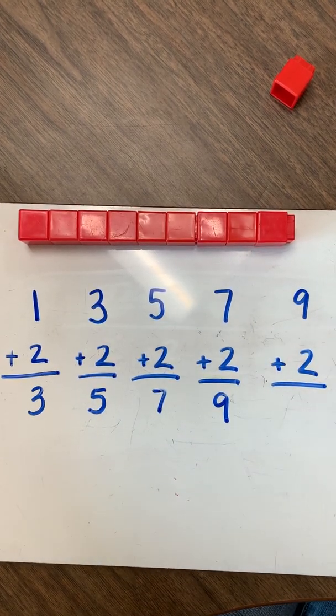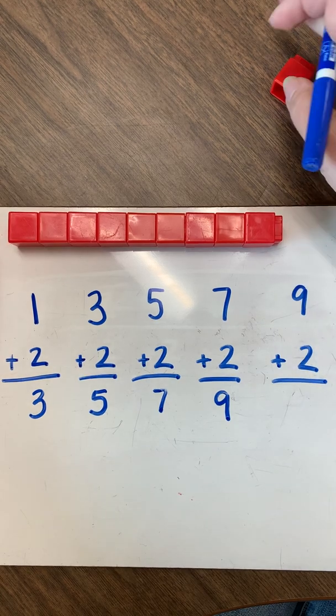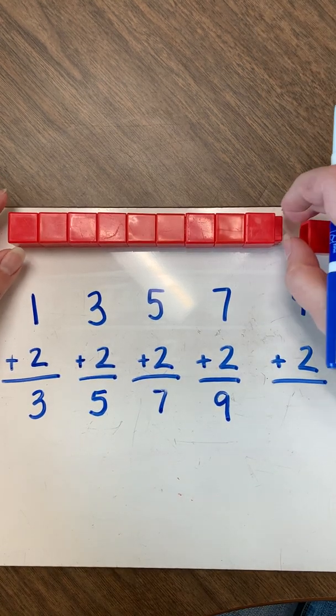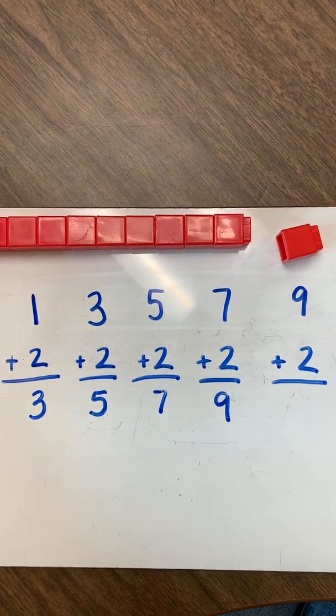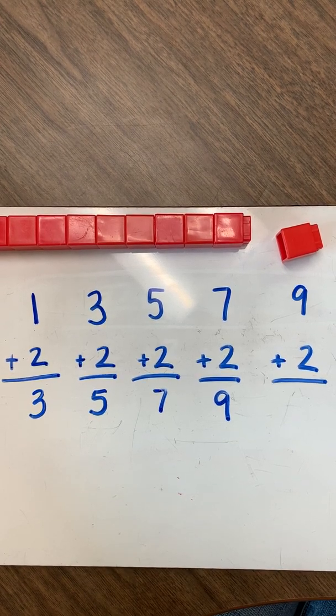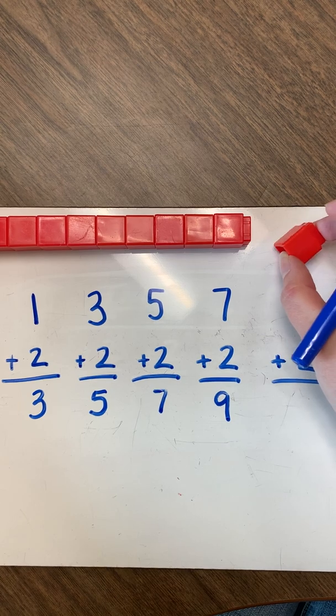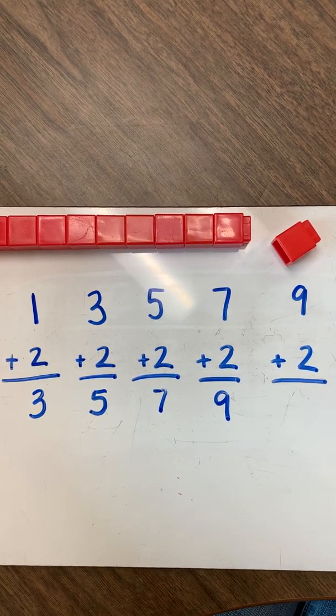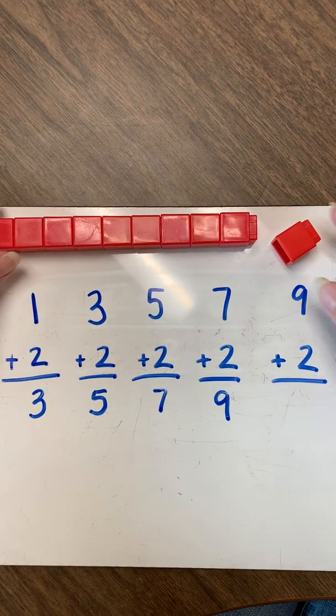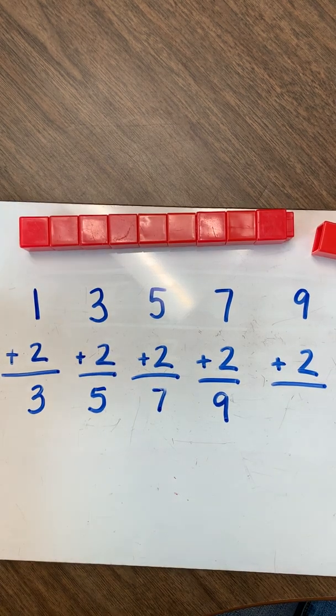7 plus 2. Do I have enough cubes to answer this problem? No. How do you know? There's only one left. What happened when we added 2 to an odd number? What do you notice?